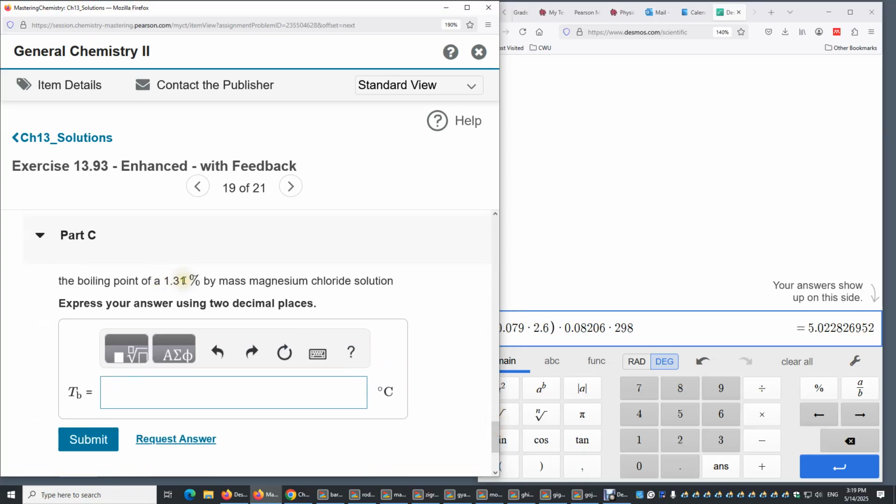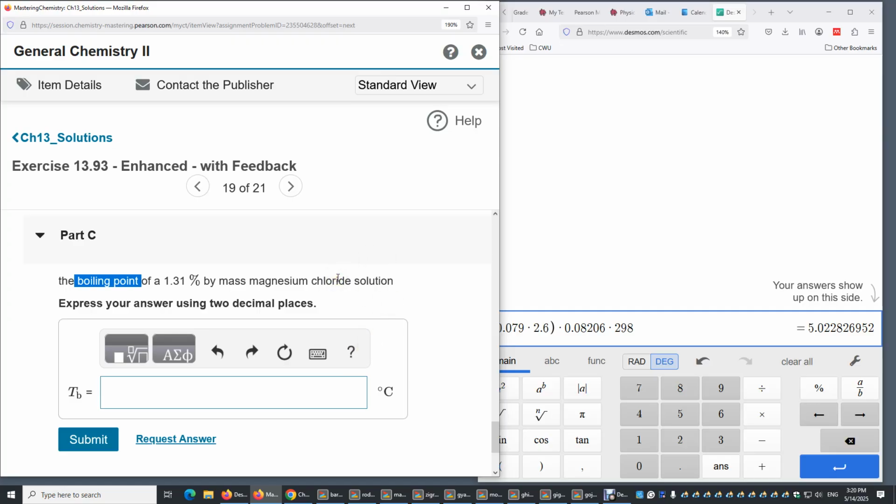The boiling point of a 1.31% by mass magnesium chloride solution. The boiling point elevation is equal to the boiling point elevation factor, which is 0.512 degrees Celsius per molal, multiplied by the concentration of this solution in molal.